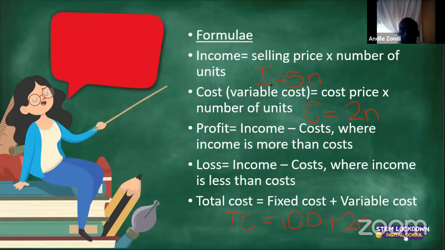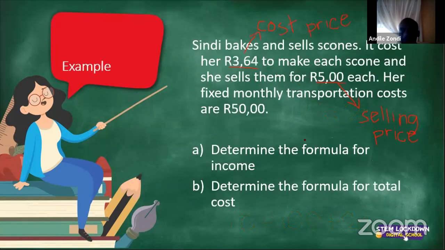So in this case, to get income, we need to sell something. That is our selling price, 5 rand. So our answer will be I for income is equal to 5 rand, which is our selling price, times the number of items we sell.